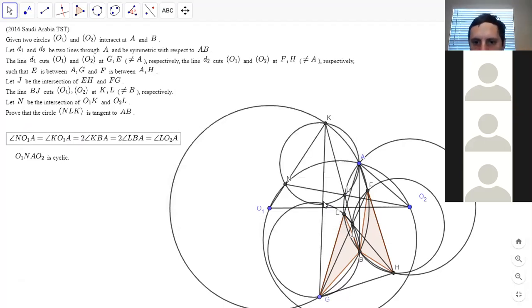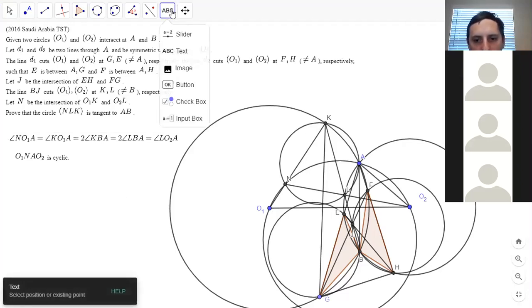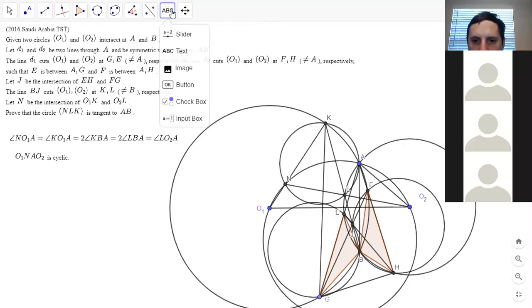And then once we know that, then angle KNL is 180 minus O1N O2, which is 180 minus O1A O2, which is O1AK. The angle chase that gets you that is cyclic, because we know that KO1A is equal to AO2L.